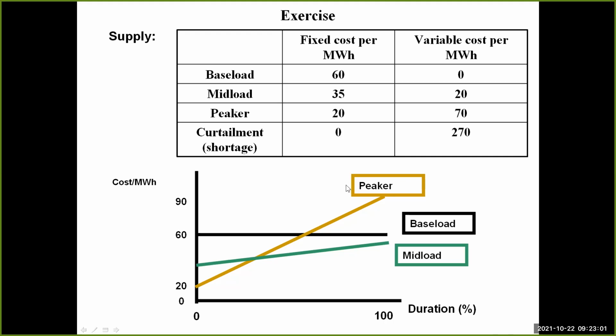And then in a sense you can say turning off people, the shortage that we saw, we can also take as a sort of generation in a screening curve. So cutting off the electricity for people, curtailment, has 0 fixed cost, but it has as a cost the cap in the market.